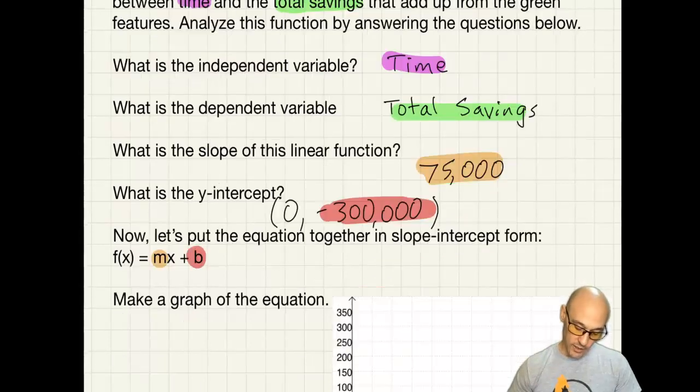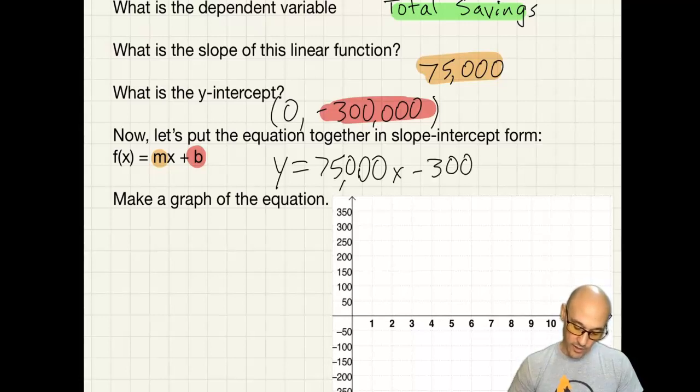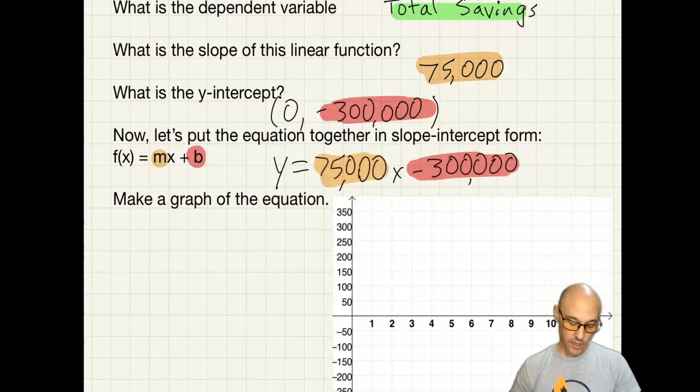So our equation will be y equals 75,000x minus 300,000. And so we have our negative 300,000 right there. We have our 75,000 right there.